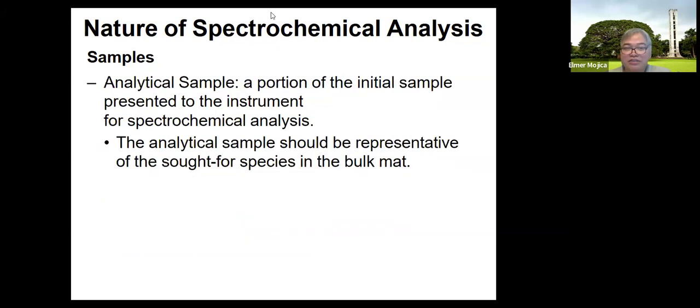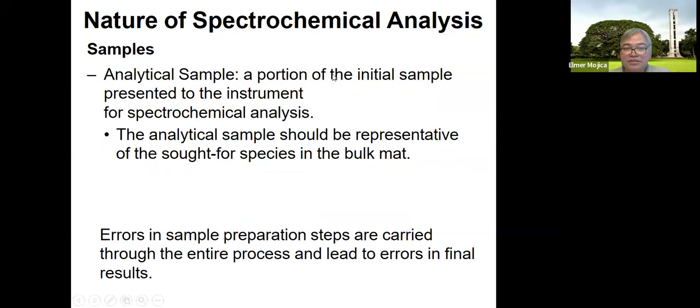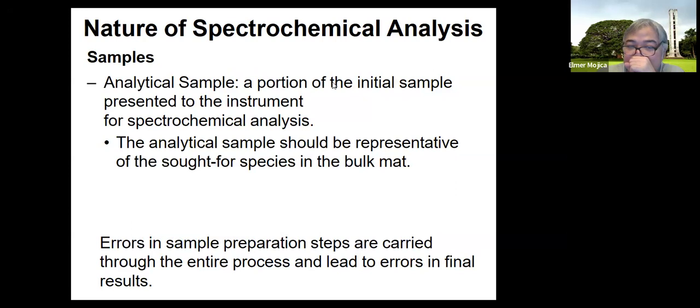Compare it to the other one, the analytical sample. So this is a portion of your initial sample presented to the instrument for spectrochemical analysis. Okay, now in some cases, as I mentioned, your initial sample is treated prior to the analysis. Now, in all cases, what is the condition that you need for your analytical sample?